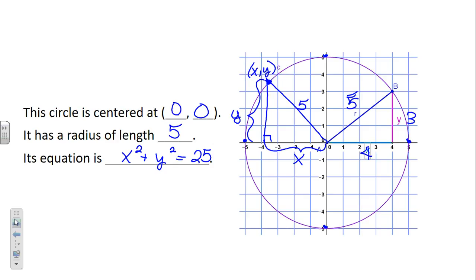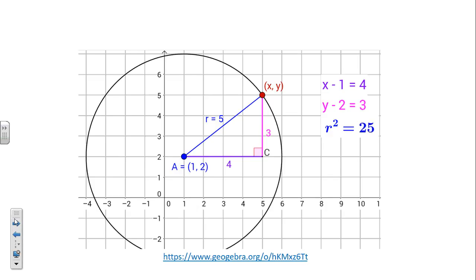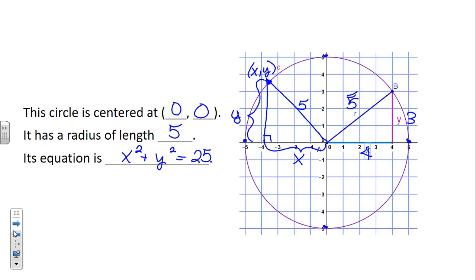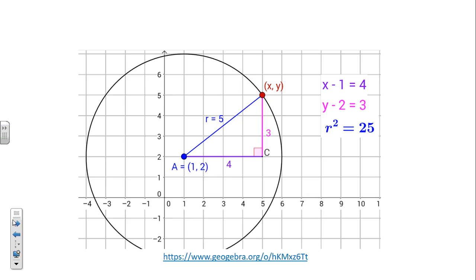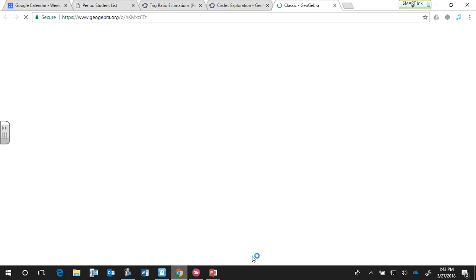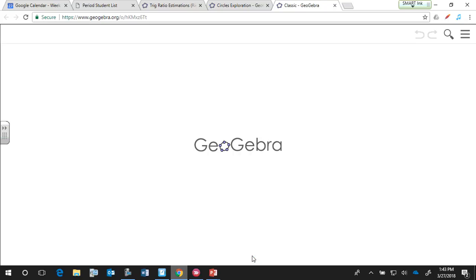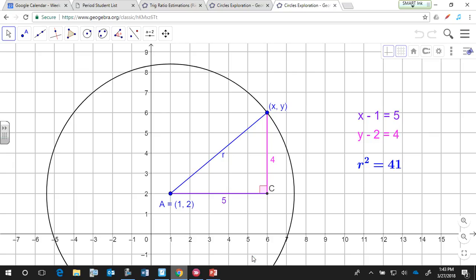So then, let's change it up. Let's move things around a little bit. Okay? This one has a new center, doesn't it? I want to show you a little bit of another version of it.